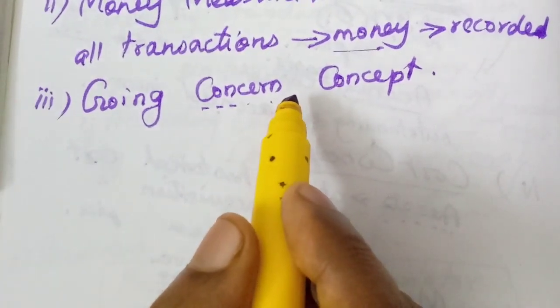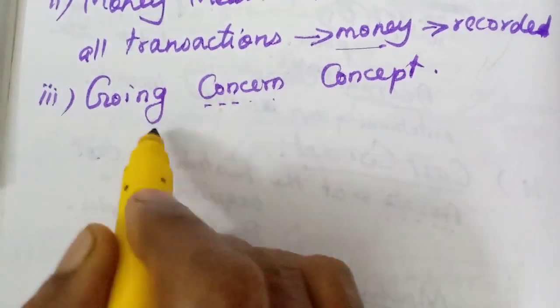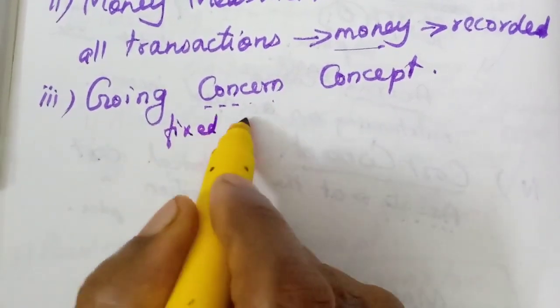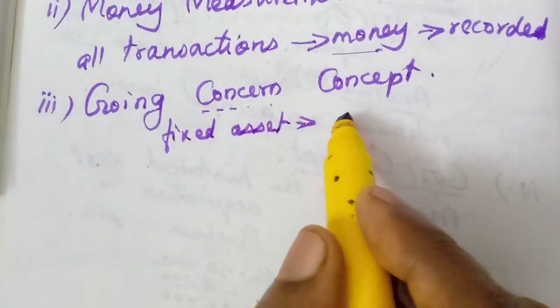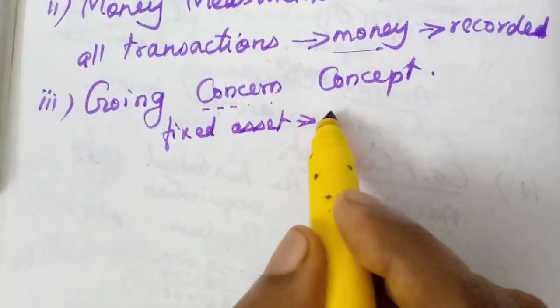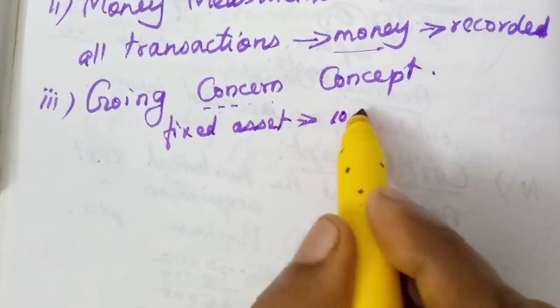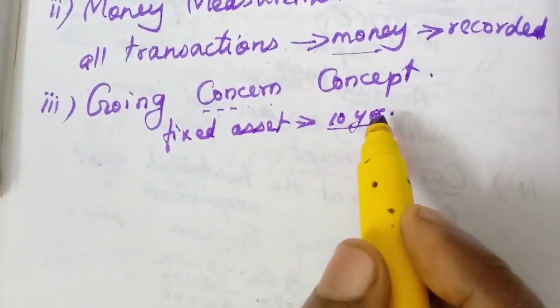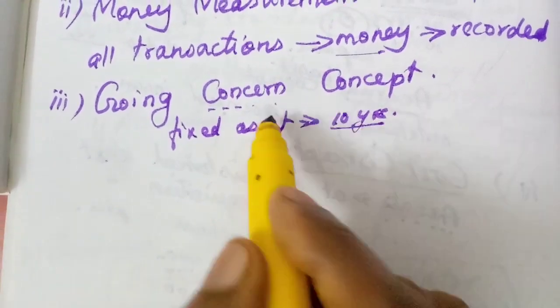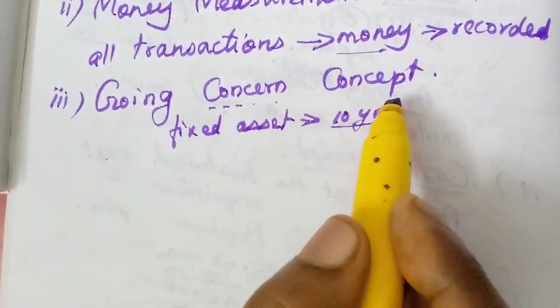For example, we purchase one fixed asset. We consider that the fixed asset is used in the business concern for around 10 years. We never think next year we are going to sell that fixed asset. So that is why this going concern concept is given.